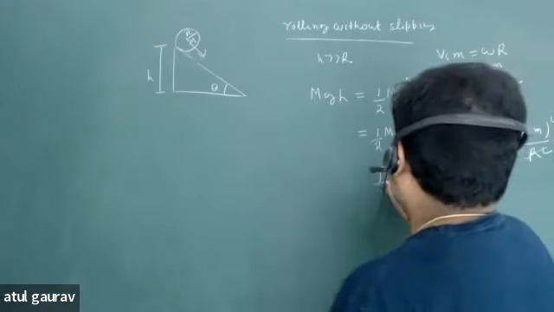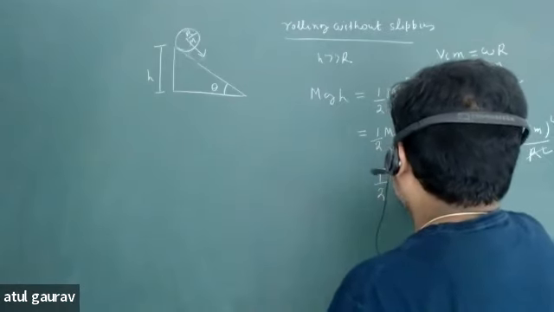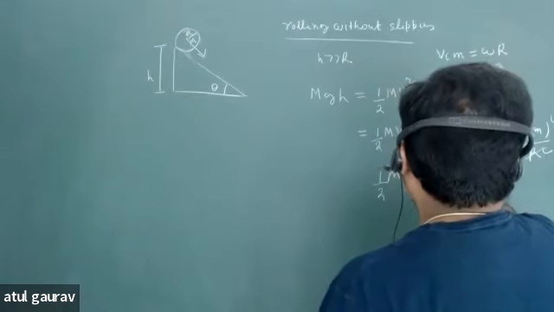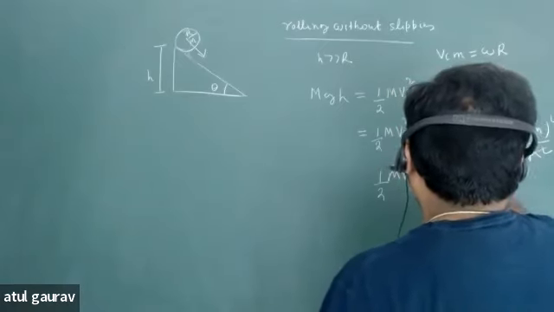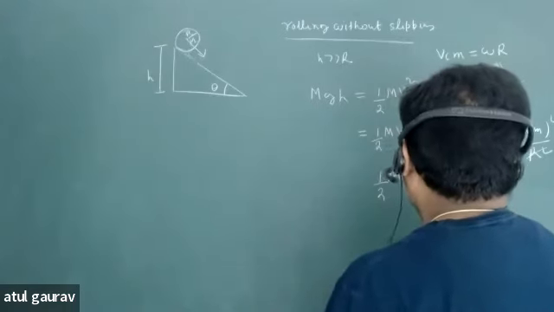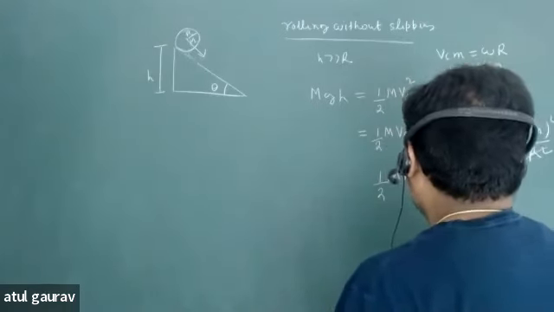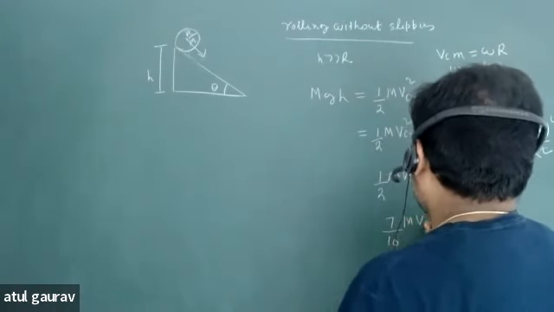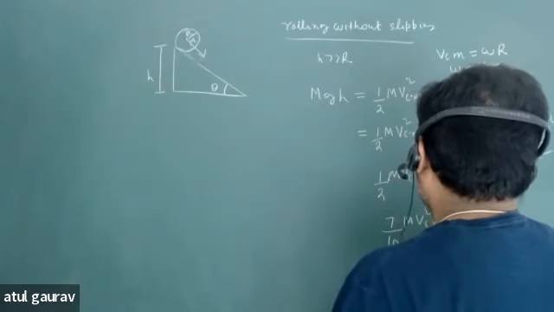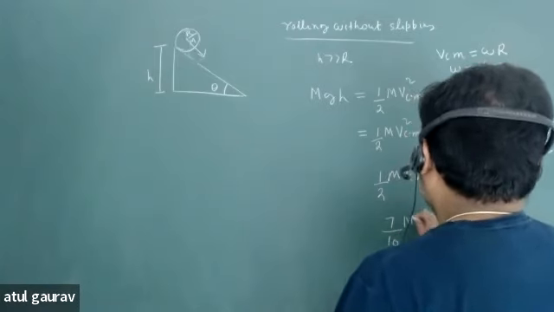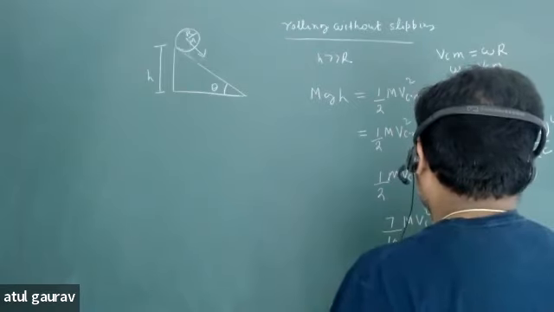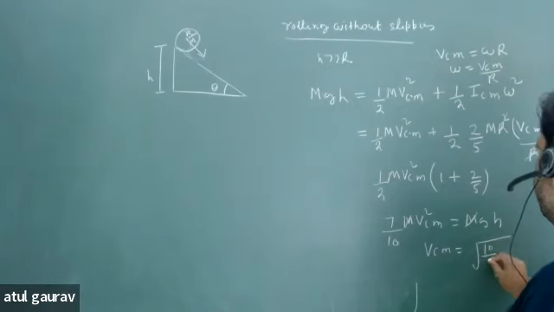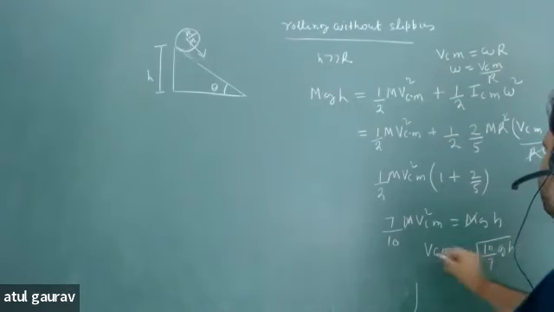You can take half m VCM square common, 1 plus 2 by 5, isn't it? And that value is 7 by 10. So 7 by 10 m VCM square is equal to mgh. So what will be your VCM? VCM is equal to the square root of 10 upon 7 gh.